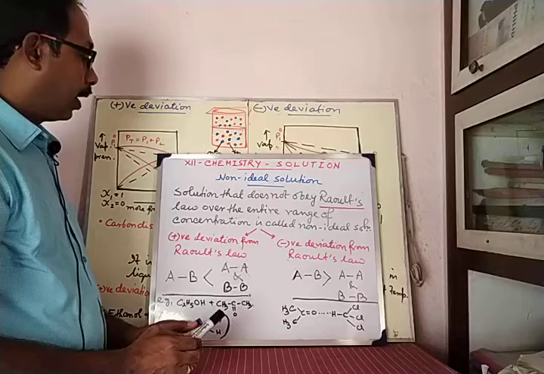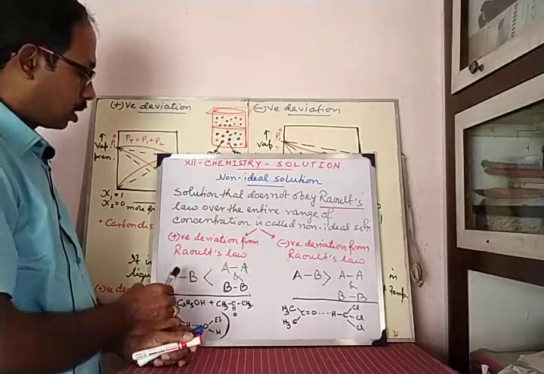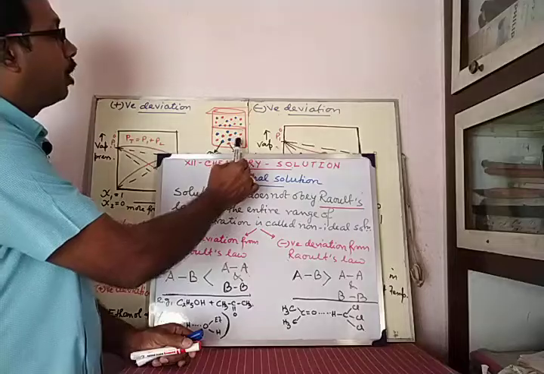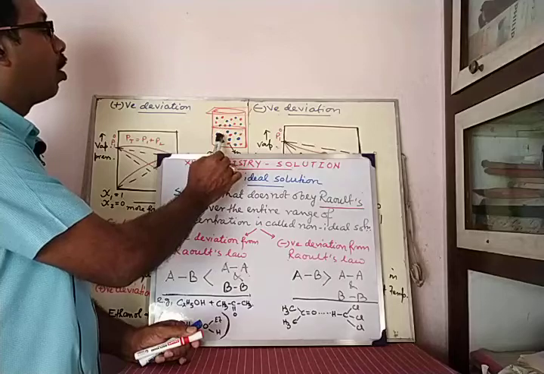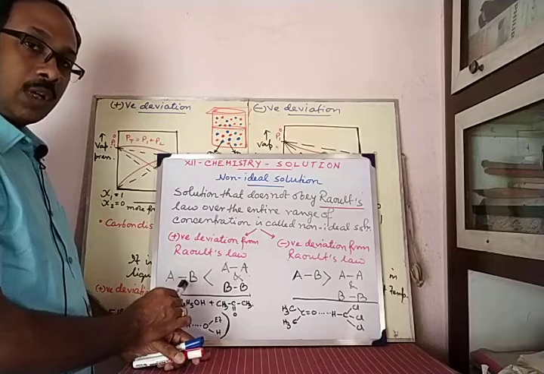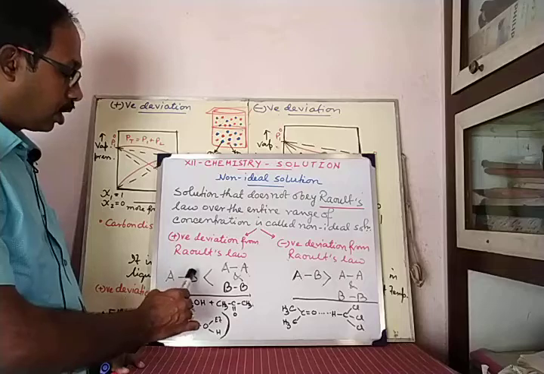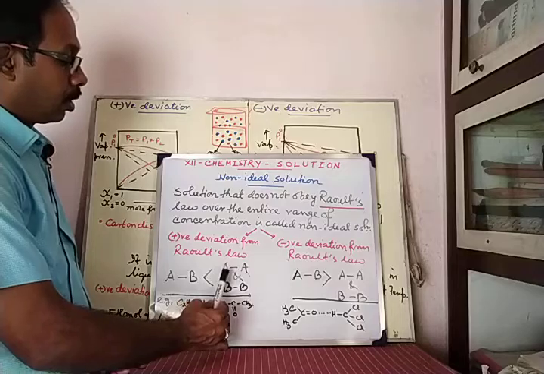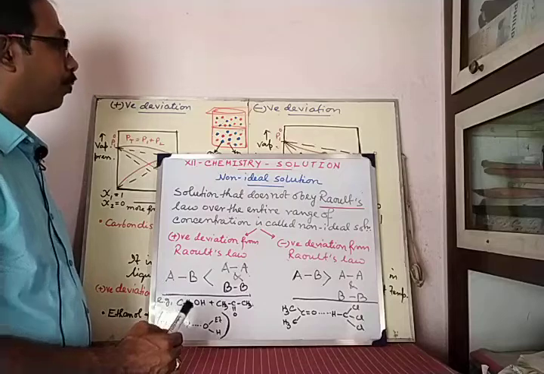Now if type A particles have interaction between them and type B particles have interaction between them, and after mixing of component A and B, the intermolecular interaction, hydrogen bond, whatever, between type A and type B particles becomes less than the original AA and BB interaction, then what will happen?